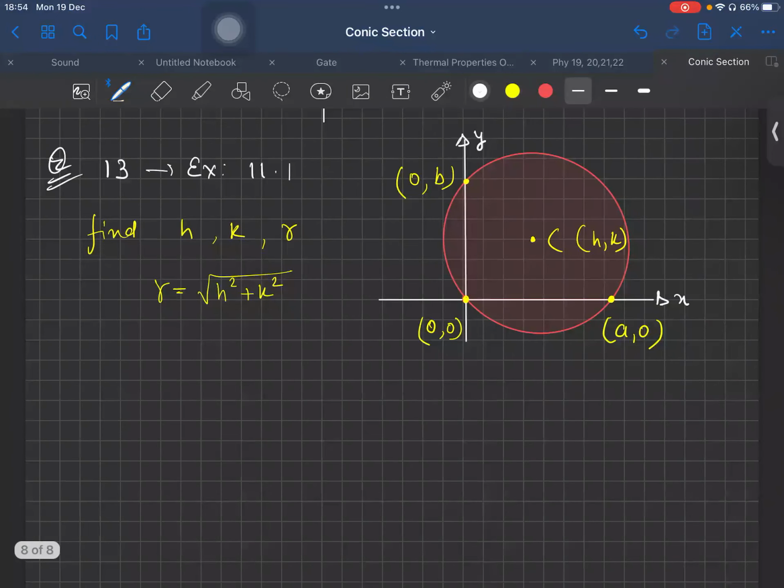Try to solve it yourself. It's an easy problem.